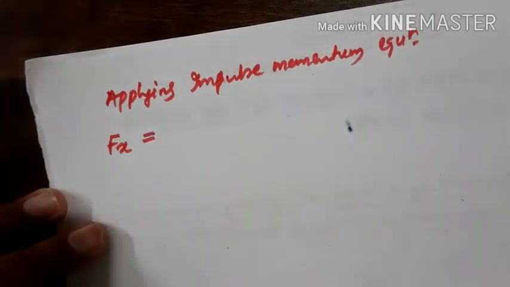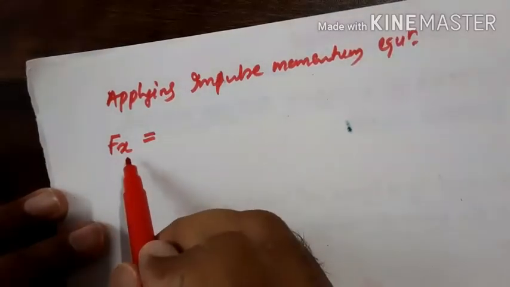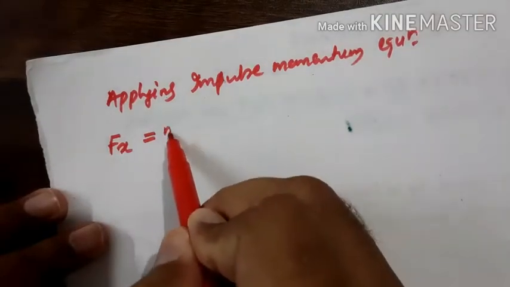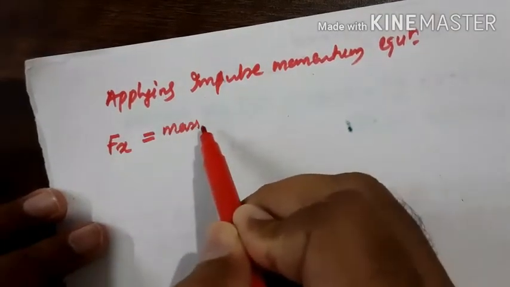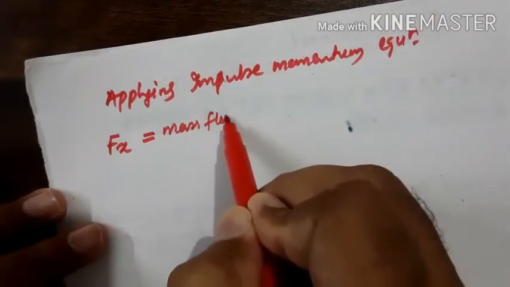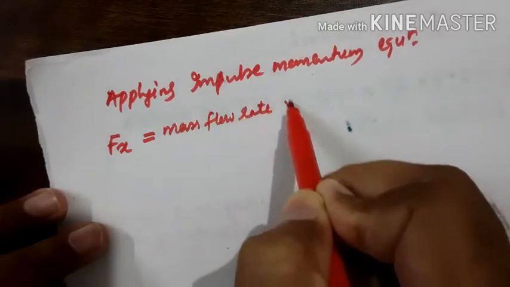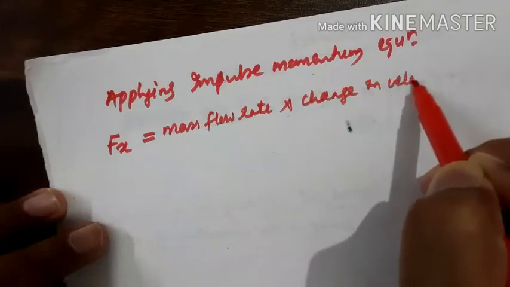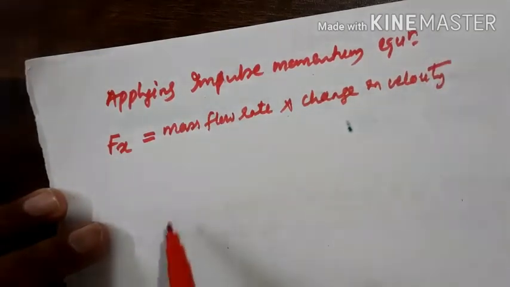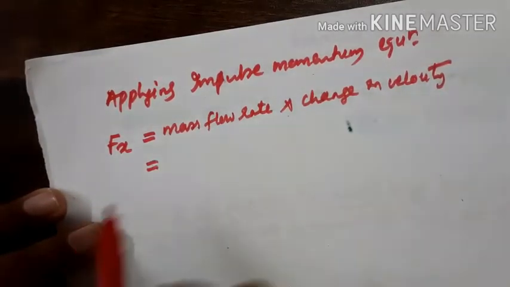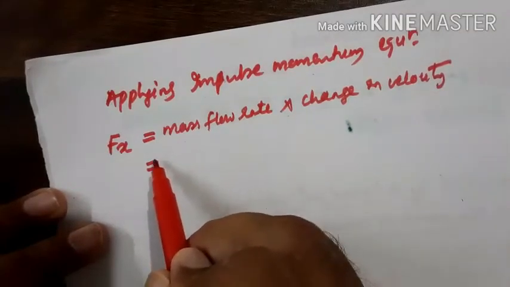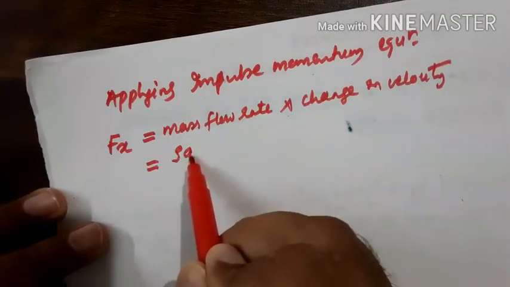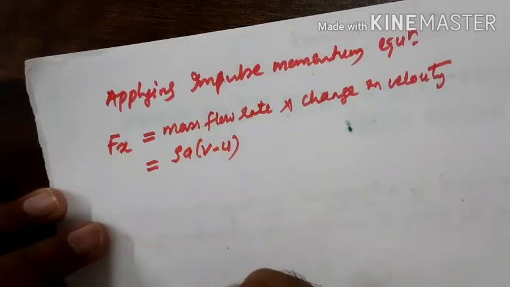You know the impulse momentum equation, the force in x direction is mass flow rate into change in velocity. So here the mass flow rate to be taken is rho a (v minus u).